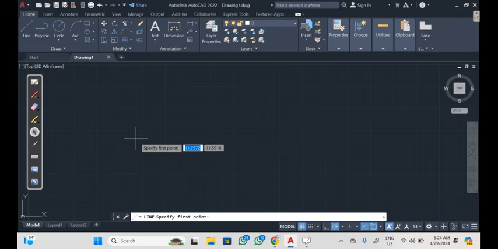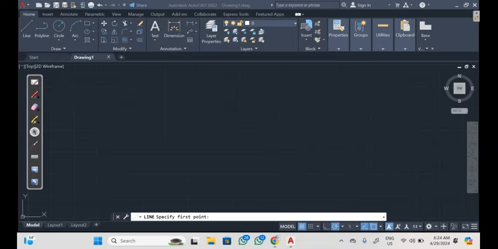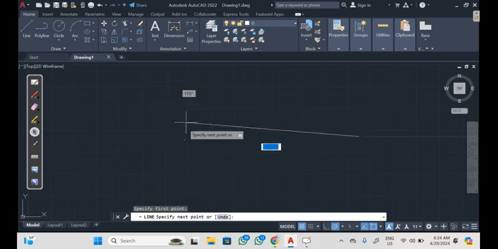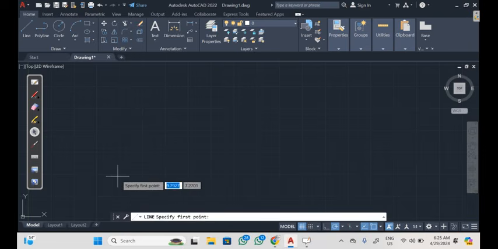So if we go back to our AutoCAD, this part, 1 to 2, is at 1.41 comma 45. I will just place it at any point. Let me start from this point here.